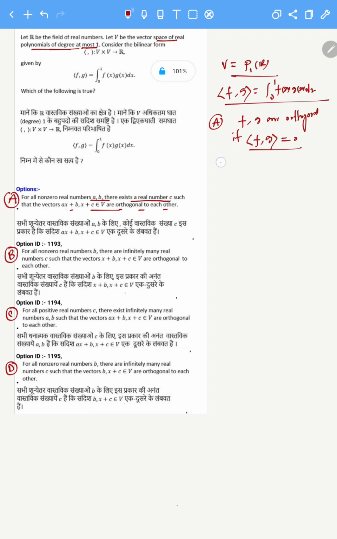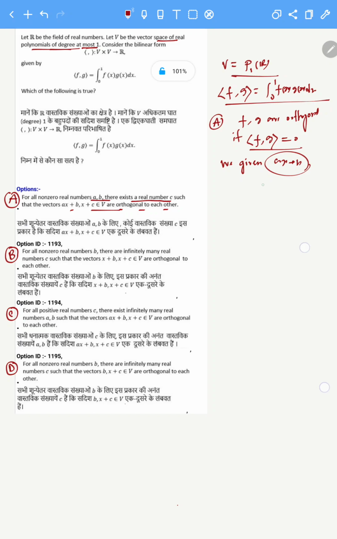Here we are given ax plus b, and we have to answer whether there exists some x plus c which is orthogonal to it.